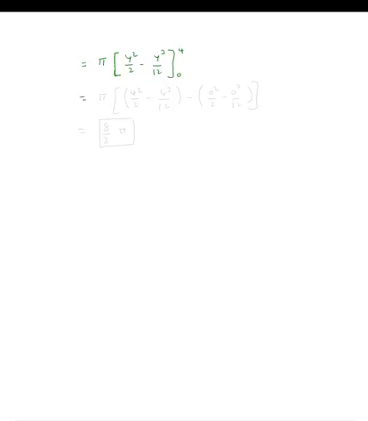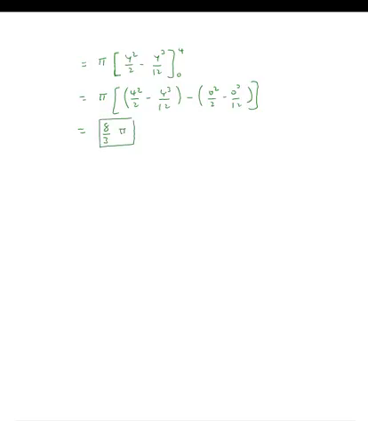Just plug in the 4, so that would be 4 squared over 2 minus 4 cubed over 12, minus, and then when you plug in 0, of course you're going to get 0. And if you do all that, you're supposed to get 8 over 3 pi. That would be the answer.